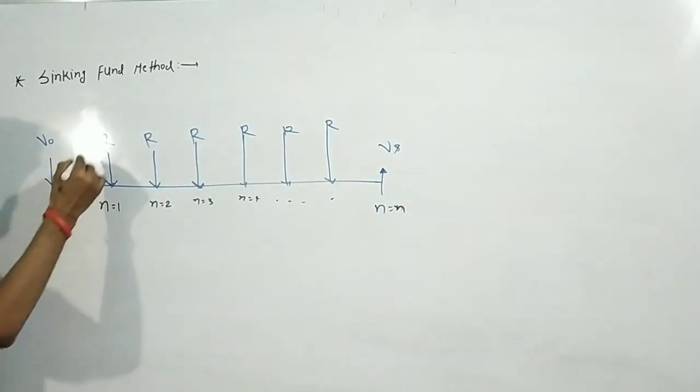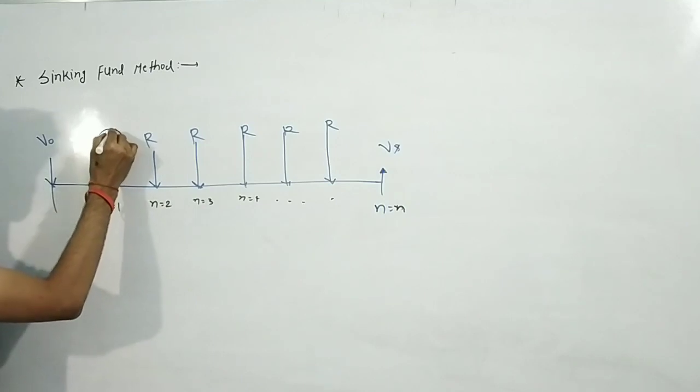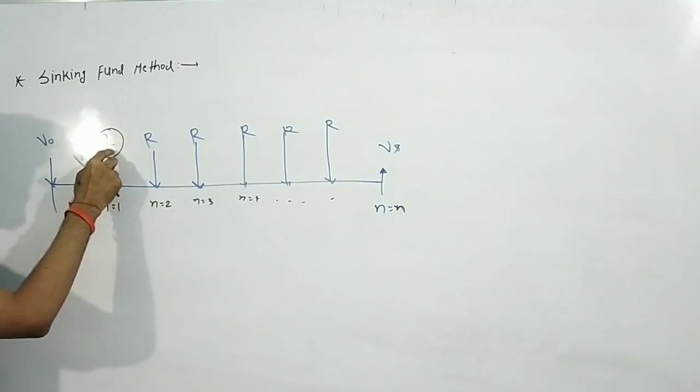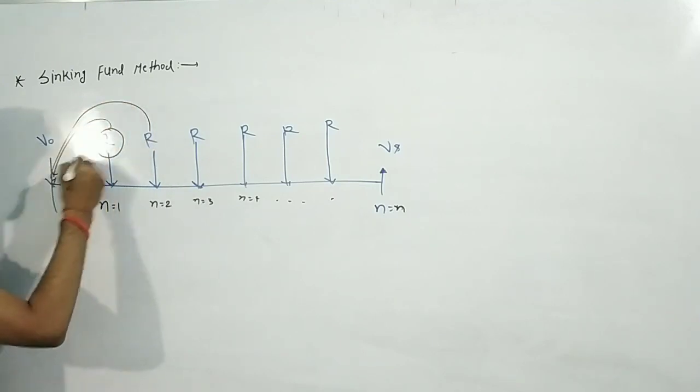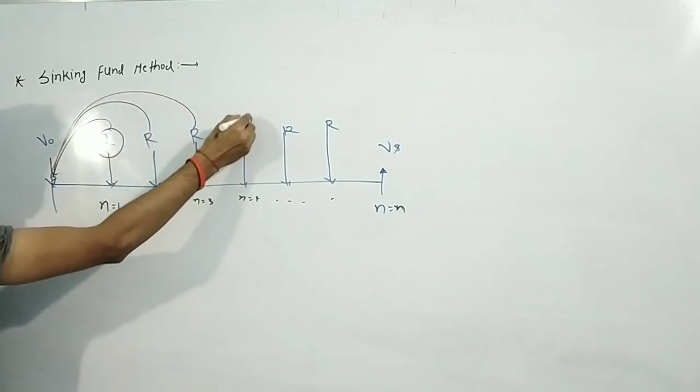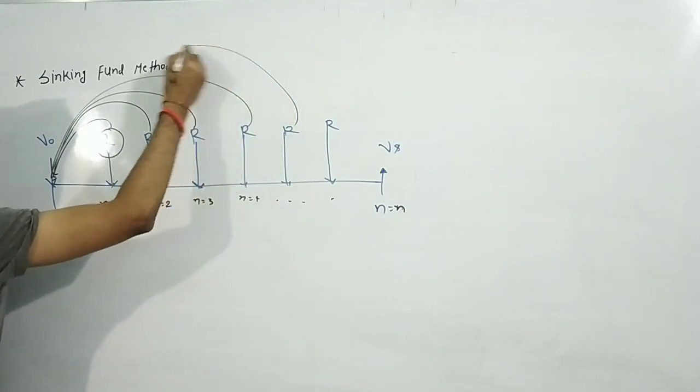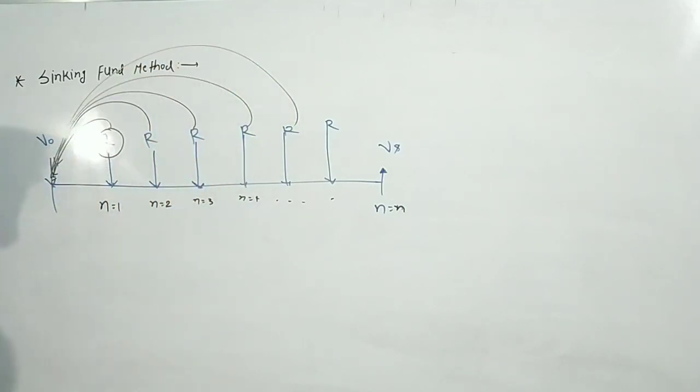Then if you calculate the present value of this cash flow, you have to calculate the present value of all the cash flow at n is equal to 0.